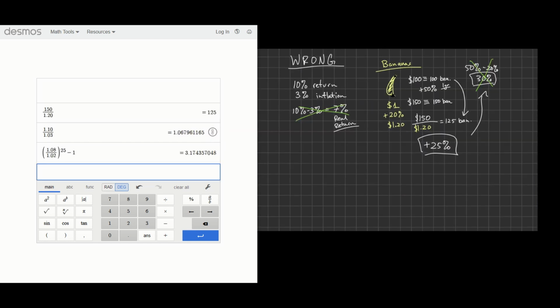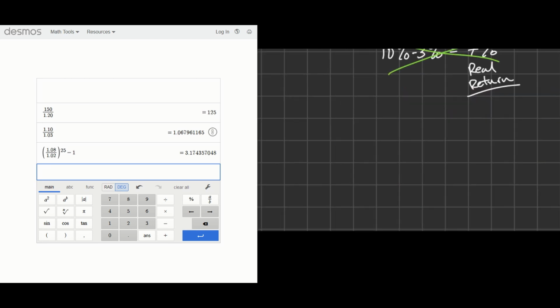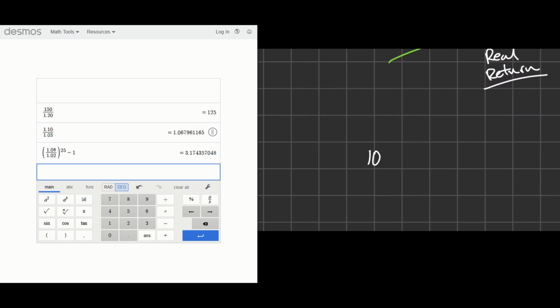So let's get away from bananas for a minute and talk about how this applies in general to our purchasing power. Instead of bananas, just think about the general cost of goods going up over a certain amount of time. Let's think about our previous example where we had a 10% return, but we also had 3% inflation.